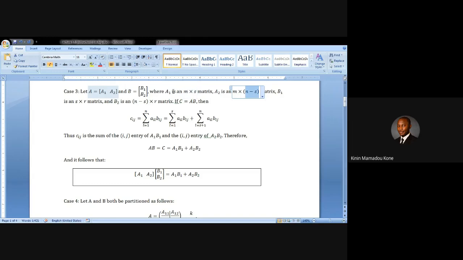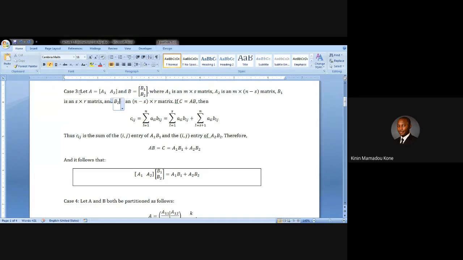A sub 1 has S columns, and that should be equal to the number of rows of this submatrix. B sub 1 is an S by R matrix. So the number of columns of this one has to equal the number of rows of that one in order for you to perform that product.